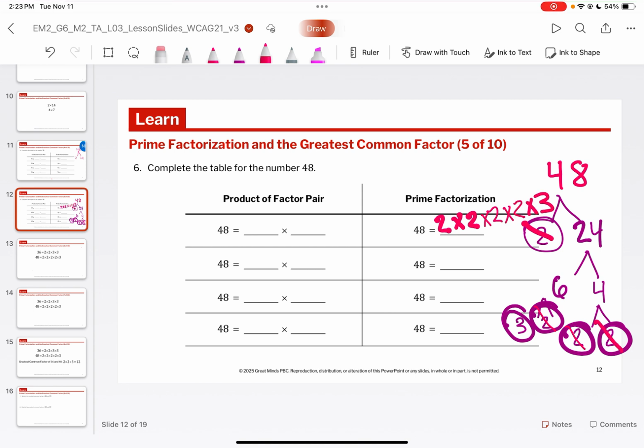Good. Can I check my work? If I were to multiply this out, I would get 48. So now we have found the prime factorization of 36 and 48.